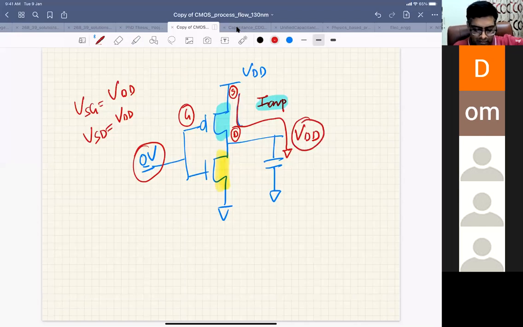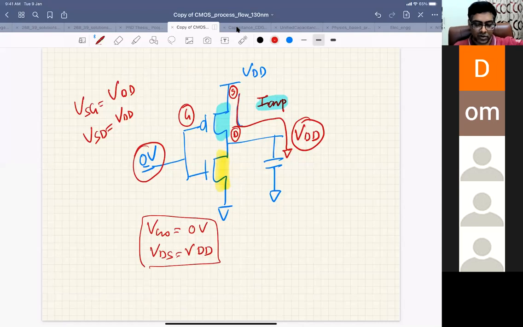If you look at the NMOS transistor in this case, its VGS is 0 volt, but its VDS is VDD. So there is a current flowing, and that current is the off current of the NMOS transistor. If your off current is high, this capacitor will slowly discharge. So in that case, your off current is important.